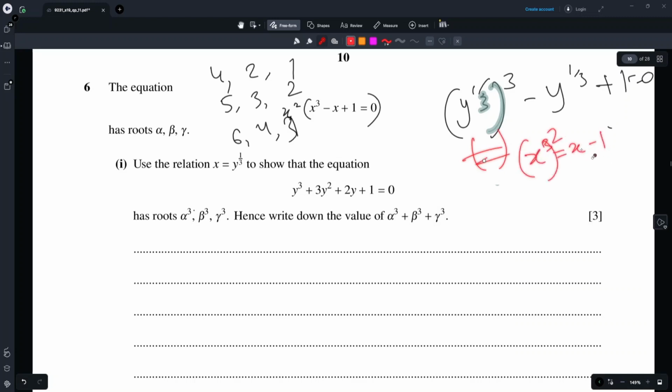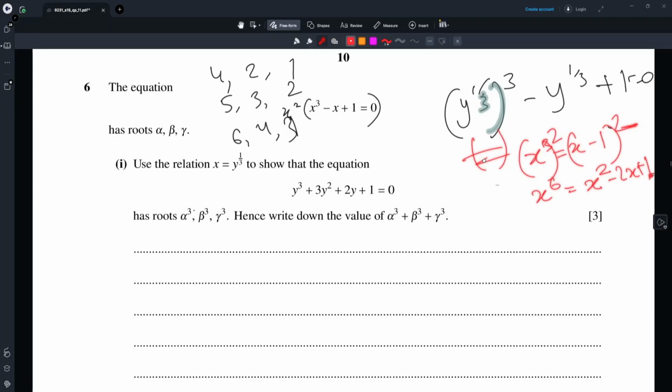Then the issue you have is that once you square both sides, you're going to get x to the power 6 equals x squared minus 2x plus 1. If you try to put y to the power 1/3 here, then you're still not going to get a perfect equation with all natural number powers or integer powers.